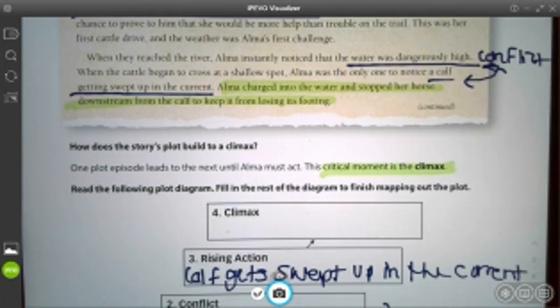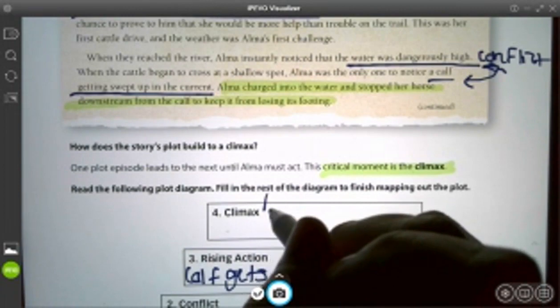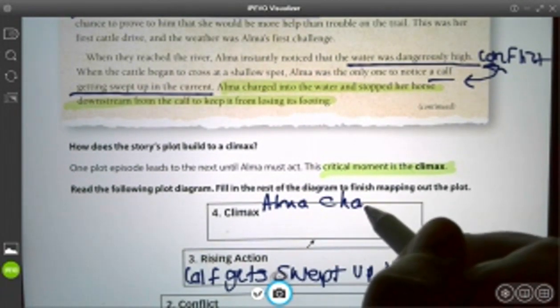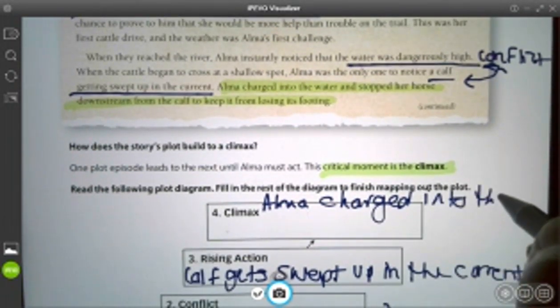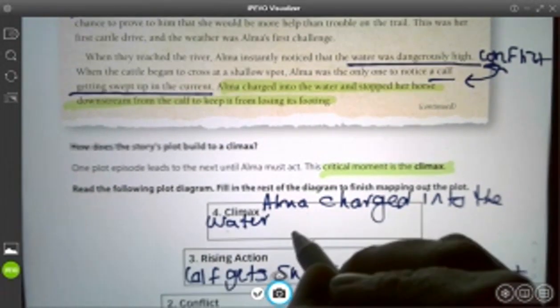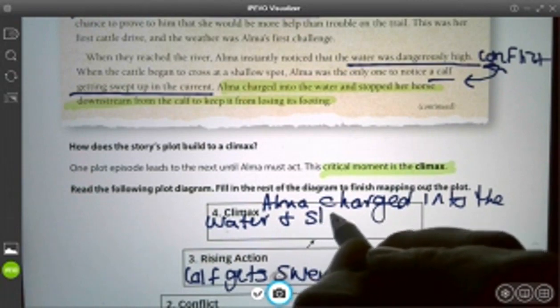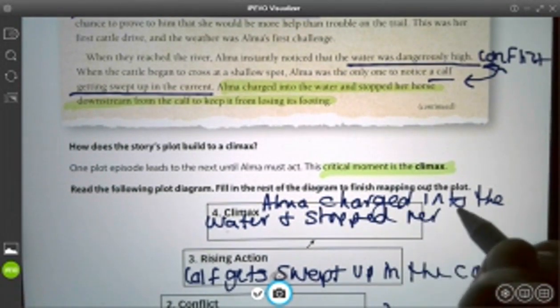And that leads to our climax, that Alma charged into the water and stopped her horse downstream to keep the calf safe. Okay, so I've got my climax.